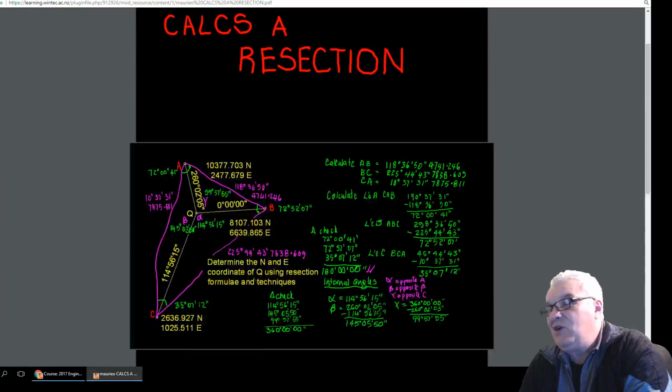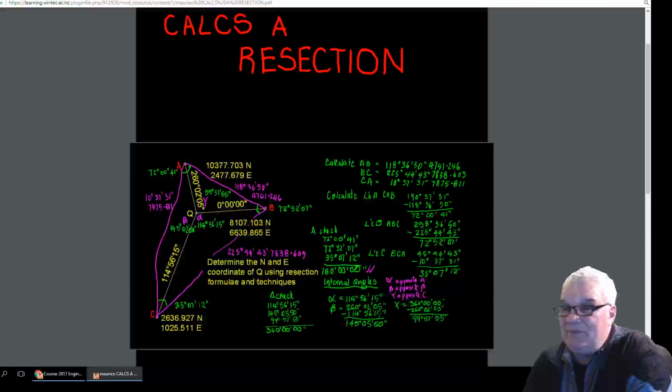However, now that we've got computers to do it, there are many options, but we're still going to have a look at the mathematics behind it and what's involved, so that you can appreciate what your instrument's doing in the free station and a resection.